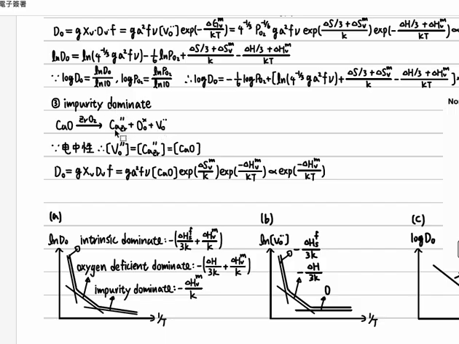To reach neutrality, with 2 negative, I will have 2 positive vacancy of oxygen. So the vacancy at oxygen will be equal to the dopant. I substitute this, and the rest of the part is the migration term.